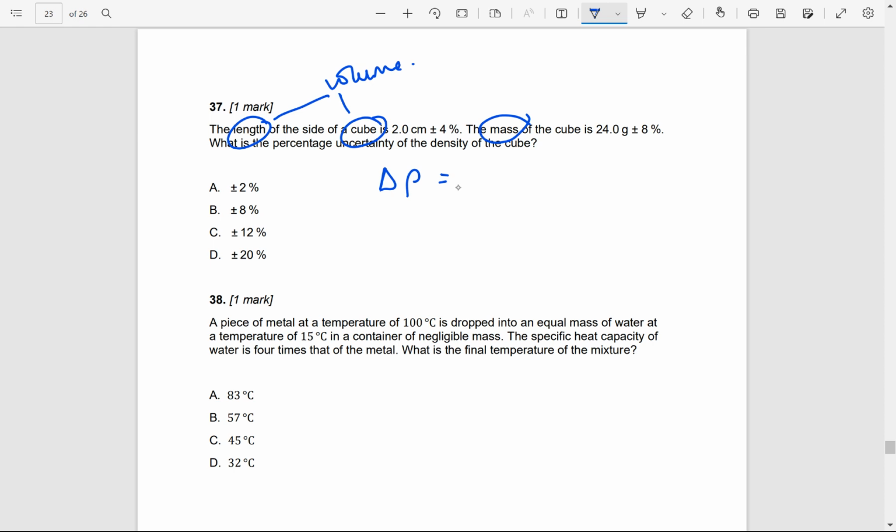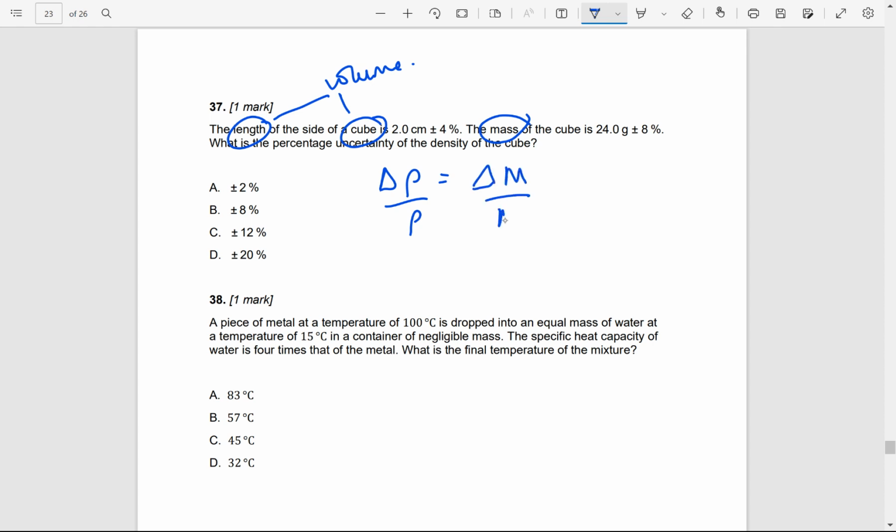So density is mass times volume. No, it's not. Forget that. Density is mass divided by volume. Sorry, I'm losing my mind. Right, doesn't matter anyway.